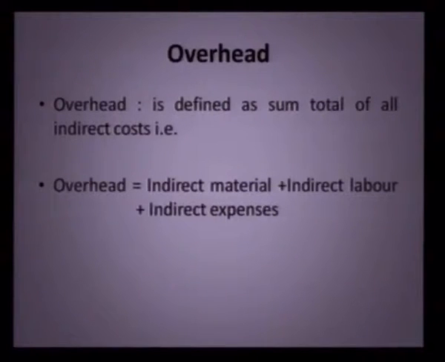So basically the cost can be divided into 2 parts, that is prime cost and overheads. Prime cost is the main cost, the basic cost involved in the production of a product.